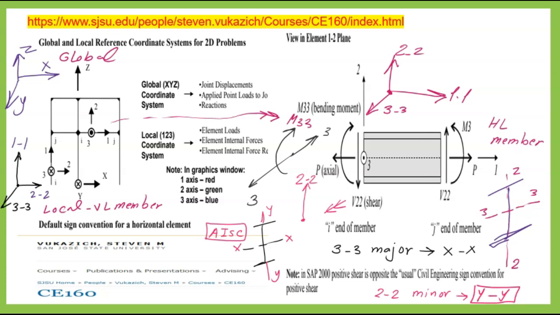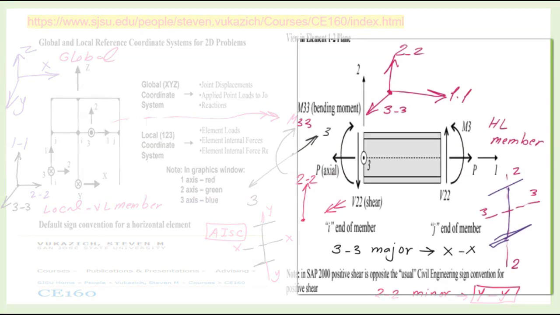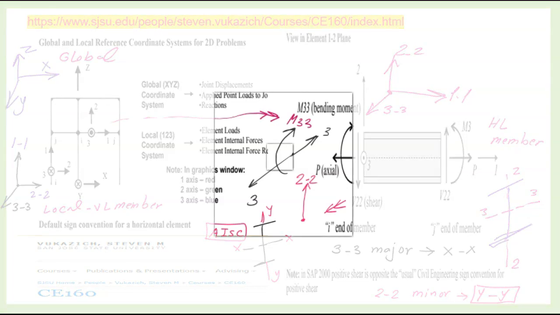For instance, if we have a frame element as shown on the left side of the slide, selecting a horizontal member and enlarging it, we have three local axes: 1-1, 2-2, 3-3. Local axis 1-1 is in the direction of the element, the longitudinal direction, while local axis 2-2 is perpendicular to both local axes 1-1 and 3-3, in the direction of the minor axis, while the last is rotating around local axis 3-3.